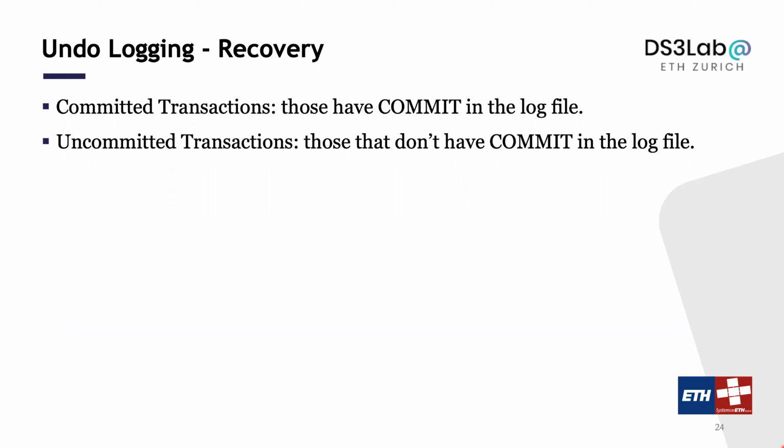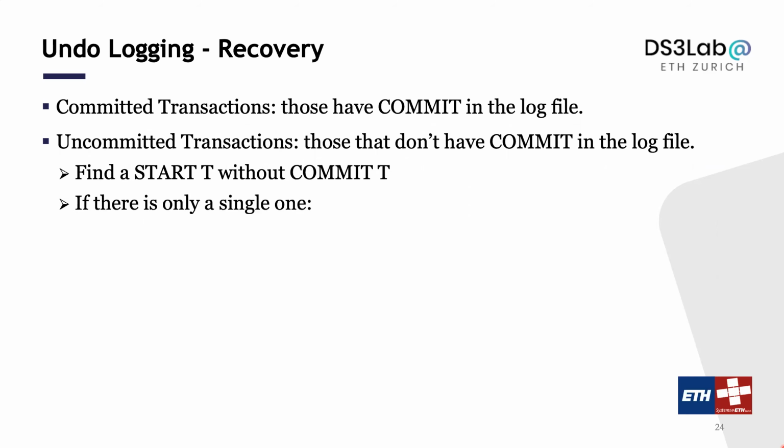They do not have a commit record in the log file. So then what should you do? You try to find in the log file the start record of T. You try to find those with a start record but with no commit record.